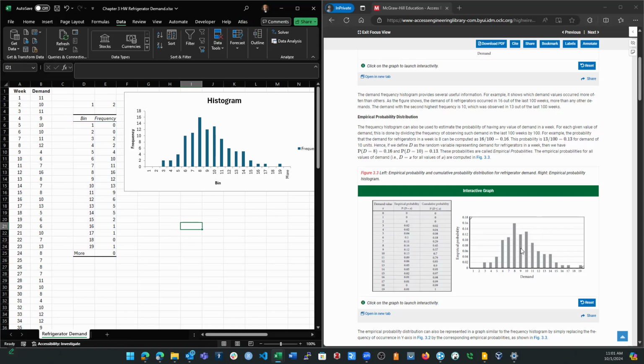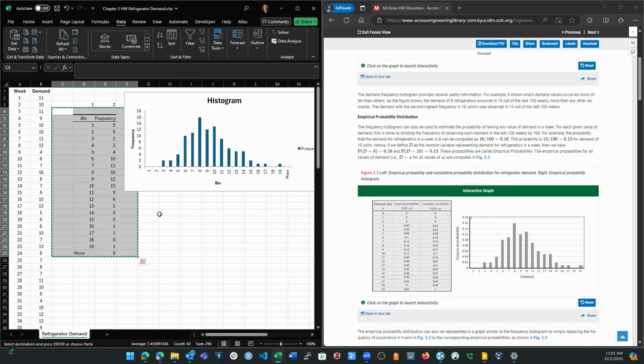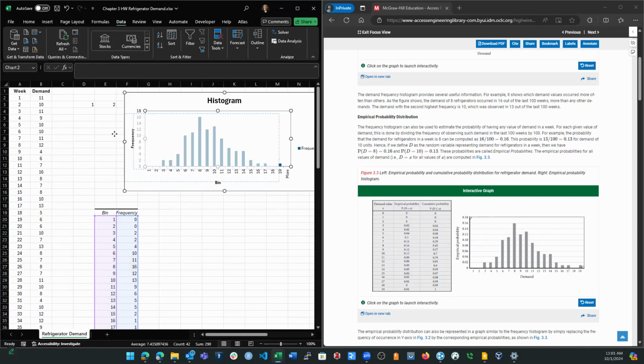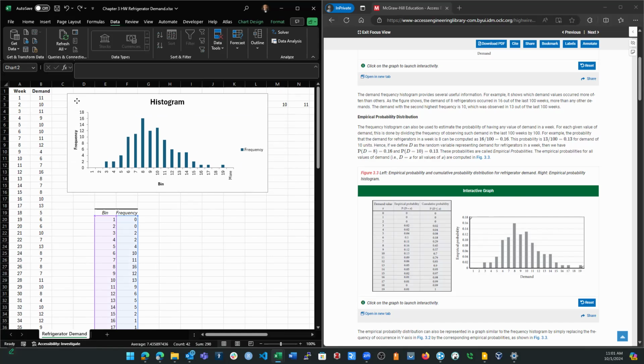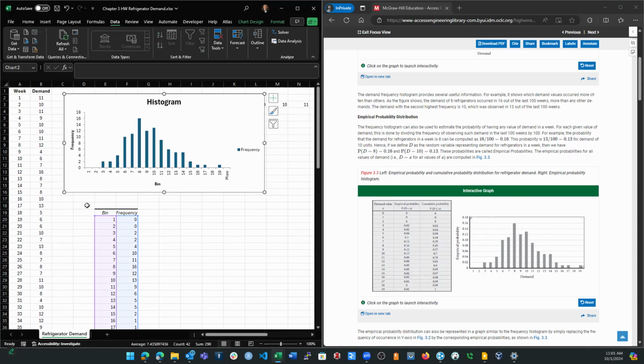And what we can do is take these frequencies and create an empirical probability and cumulative probability. So let me go ahead and move this chart down a little bit so we can move this one over, shuffling around our pieces here.